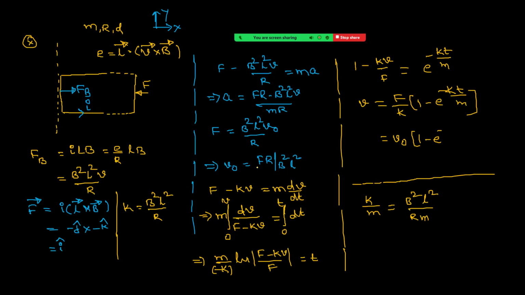Here B square L square by R is equal to F by v naught, so k by m is F by m v naught. That is what we can substitute here. That becomes F t by m v naught.